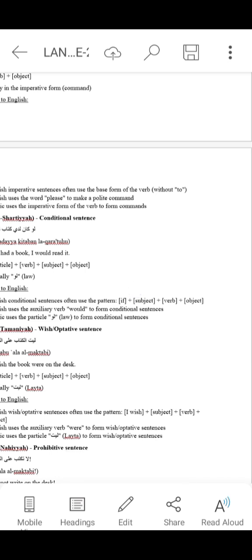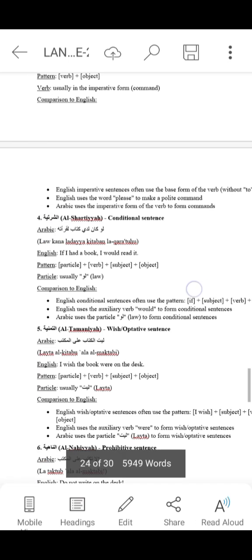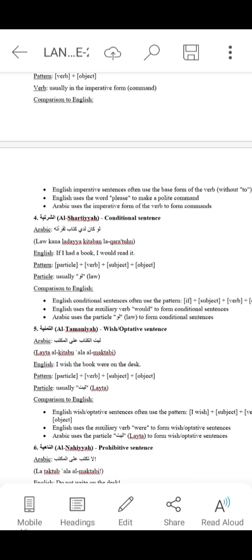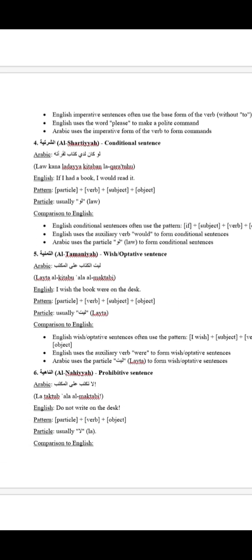Then we have another example, إذا ذهبت إلى المدرسة, like if I go to school, I will study.